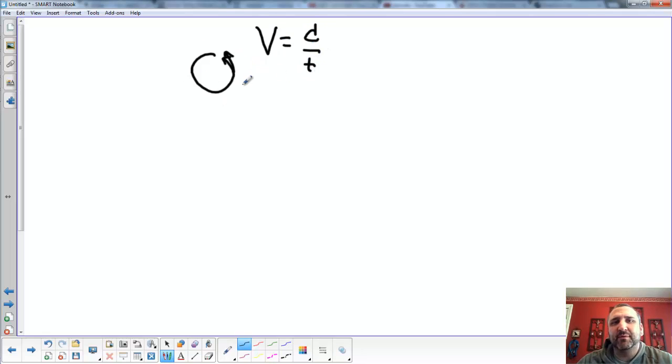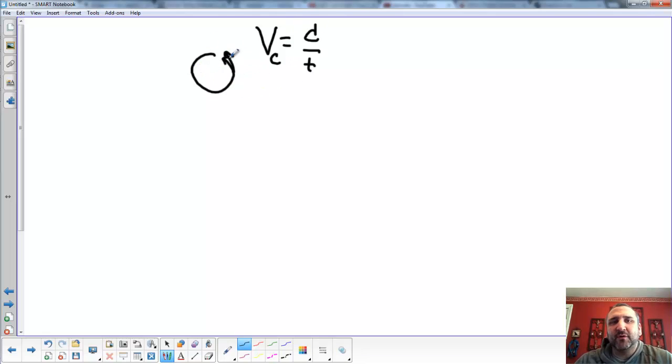But when we're talking about centripetal velocity, it's not really a distance, because a distance is pretty arbitrary from point A to point B. When you talk about something going around in circles, the best way to think about the distance would be the distance from the start of the circle till the start of the circle again, because a circle is just an infinite loop.